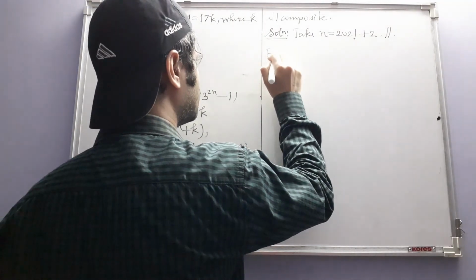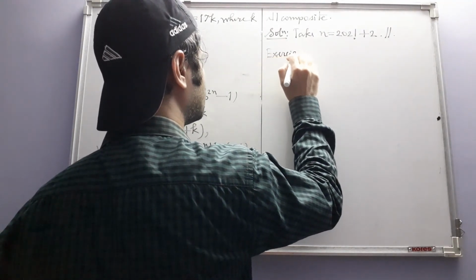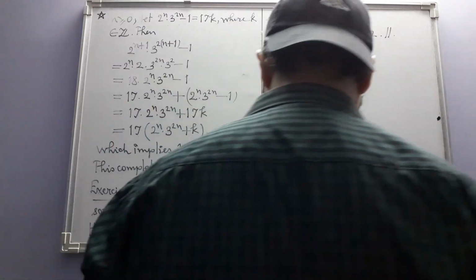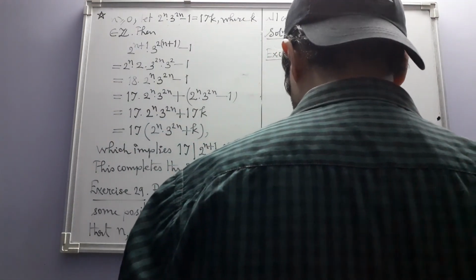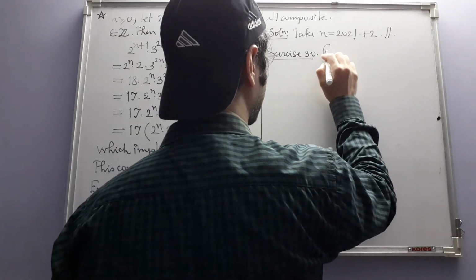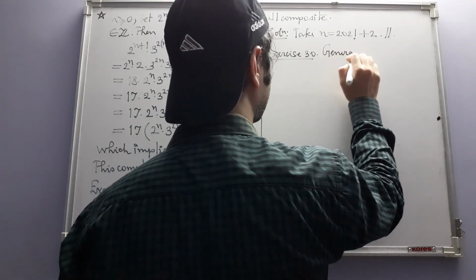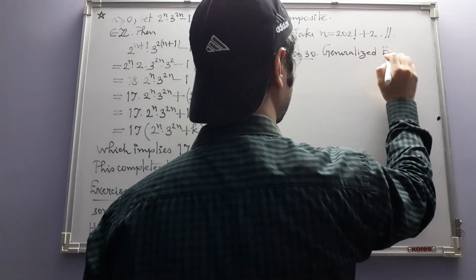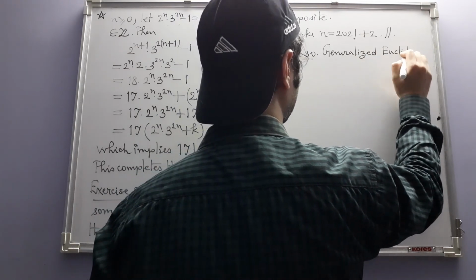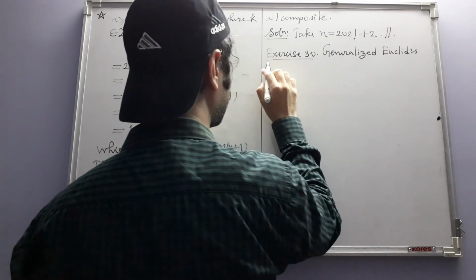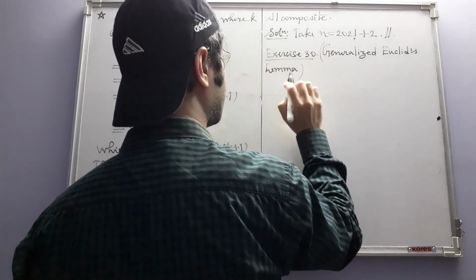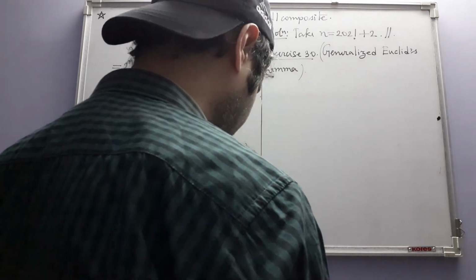Okay, then exercise 30, generalized Euclid's lemma. Okay, that is its name.